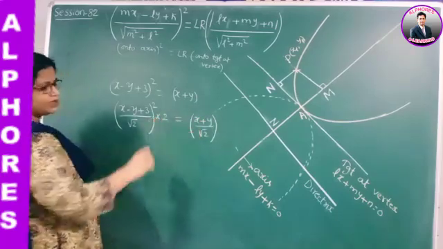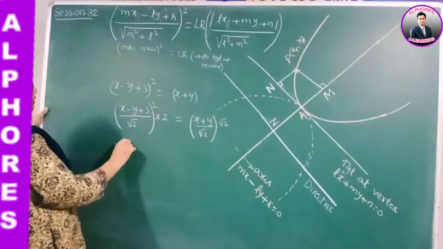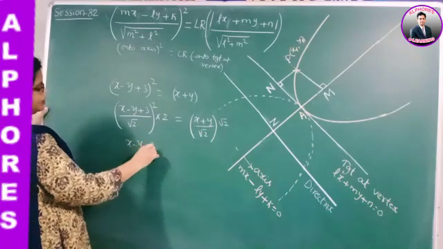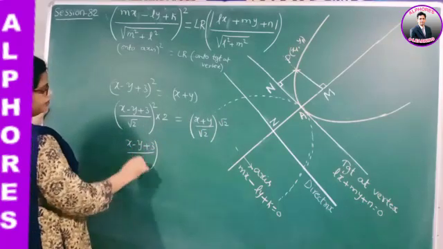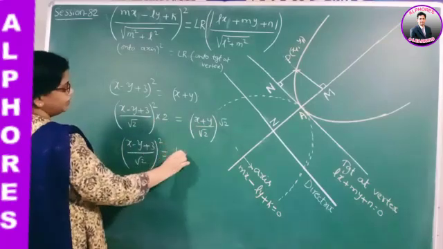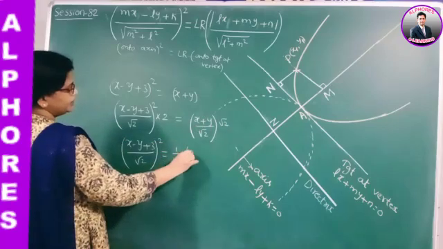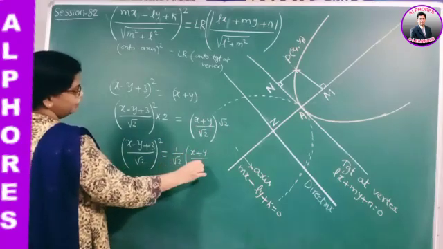Again what is the extra term? We need to multiply this value. Okay, finally what is the answer? ((x minus y plus 3) by root 2) whole square is equal to, this is 2, if you divide it, 1 divided by root 2, times (x plus y) divided by root 2.